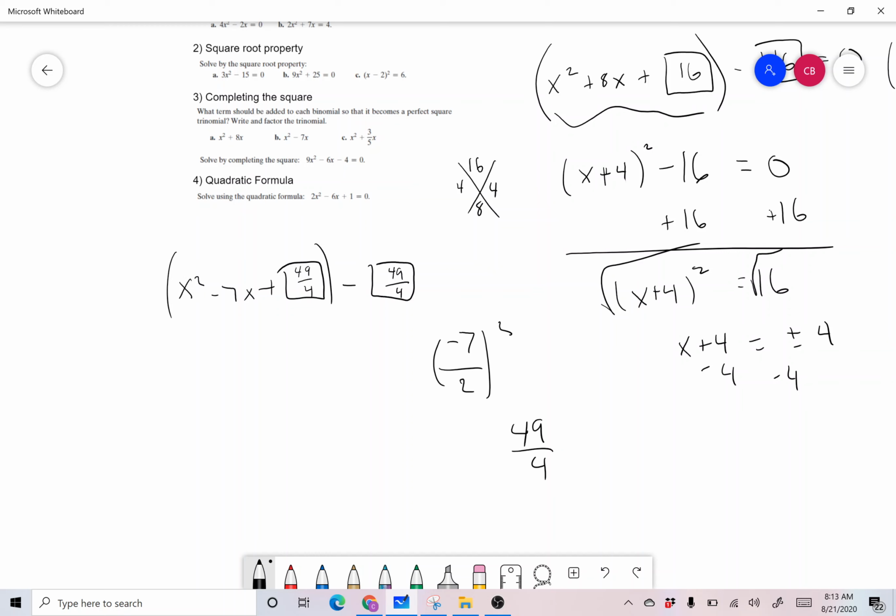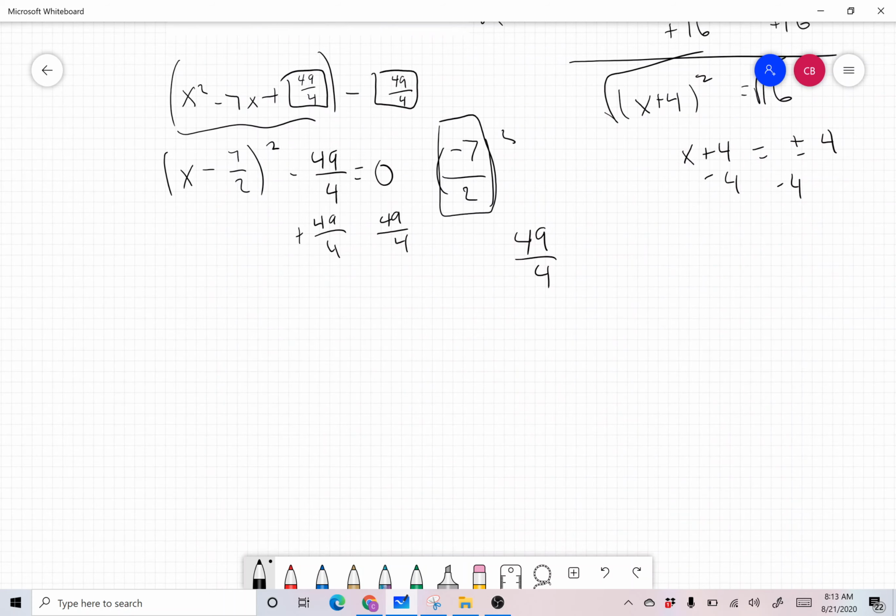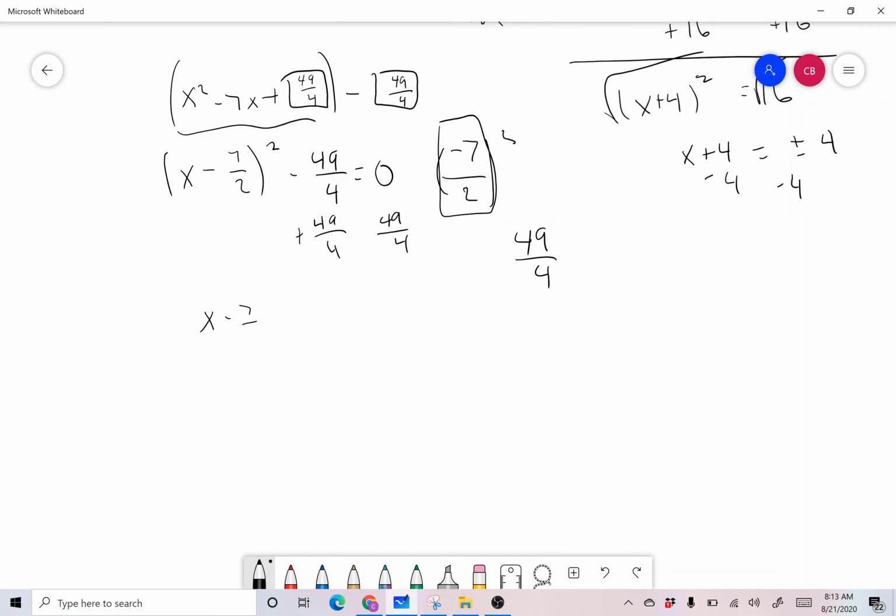And then I am going to factor this. This is going to factor nicely as x minus 7 over 2 squared minus 49 over 4 is equal to 0. Okay, so I'm going to add 49 over 4. That's x minus 7 over 2 squared equals 49 over 4.